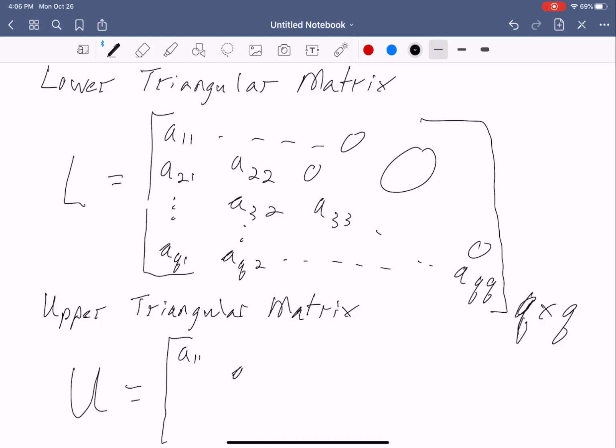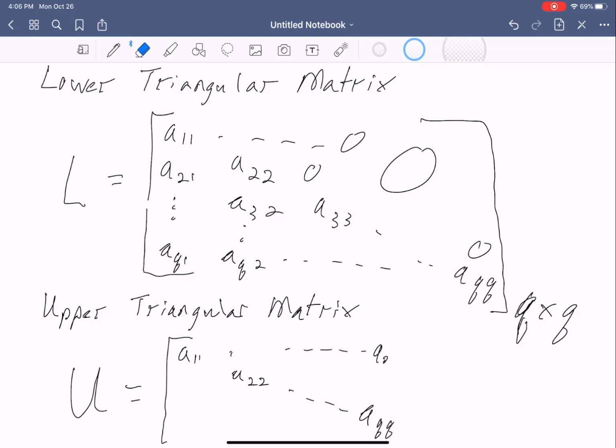So again, we go A22, all the way to AQQ, and we have A21, pardon me, I have that wrong.